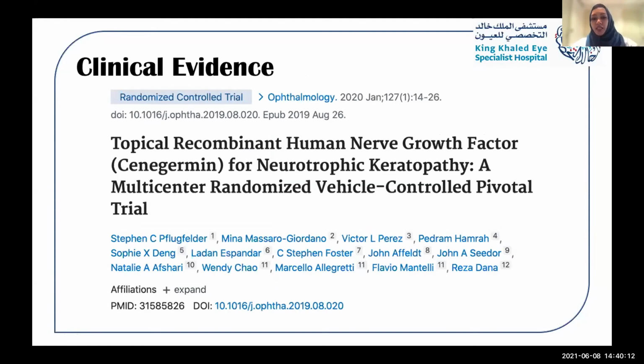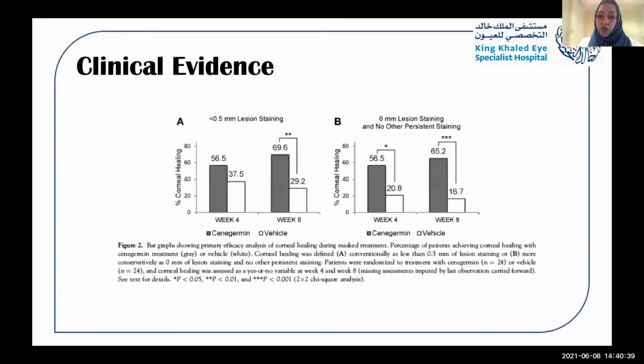A very nice study, a randomized controlled trial, double-blinded, multi-centered with vehicle control, used different concentrations of nerve growth factor in stage 2 and 3 neurotrophic keratopathy. And here, I would like to say that this is one of the few FDA-approved drops for neurotrophic keratopathy.